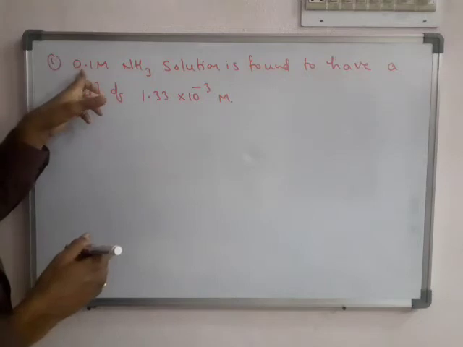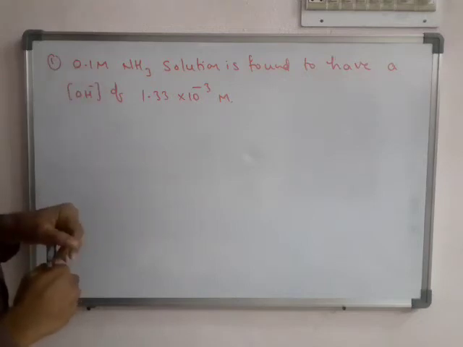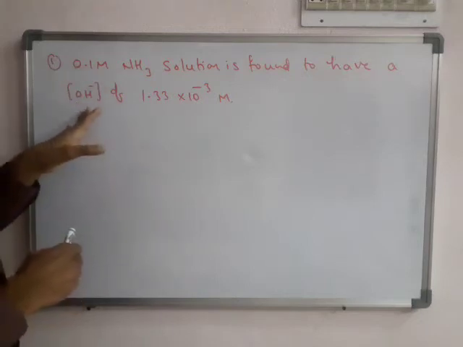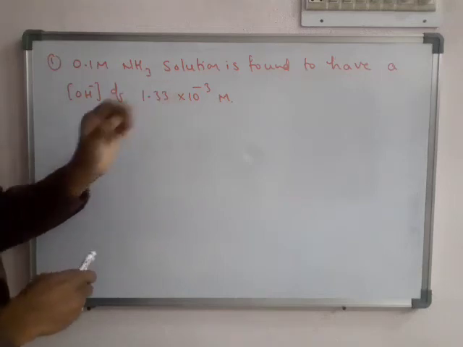The concentration 0.1 M is given for ammonia. Again it is given the concentration of OH minus is 1.33 into 10 power minus 3 M.